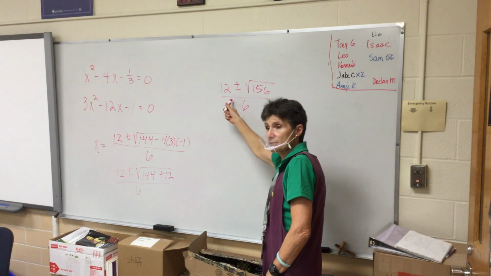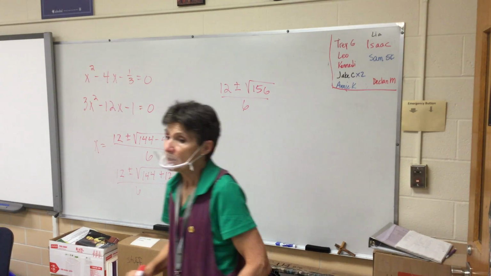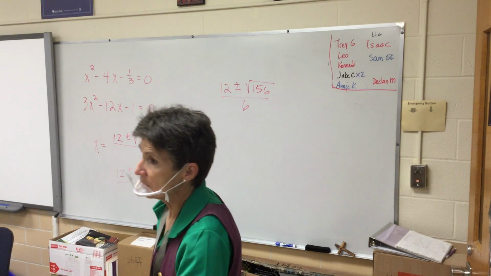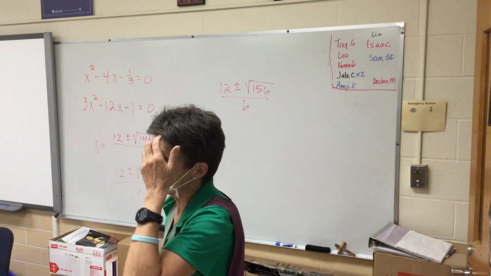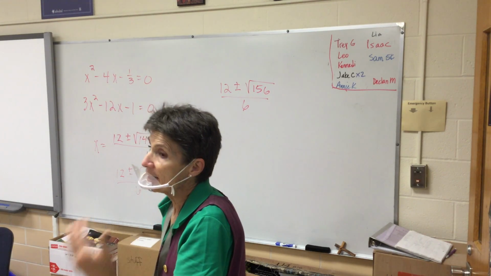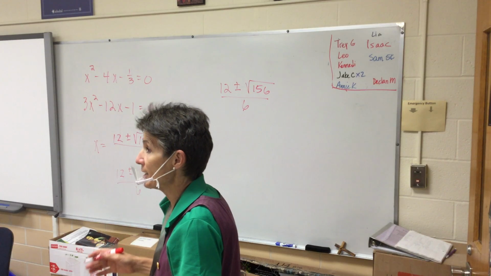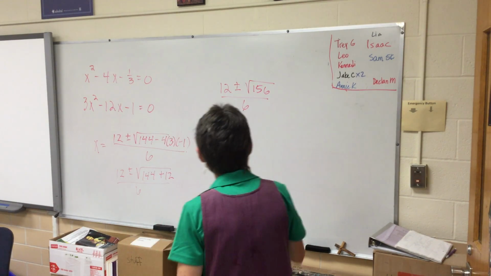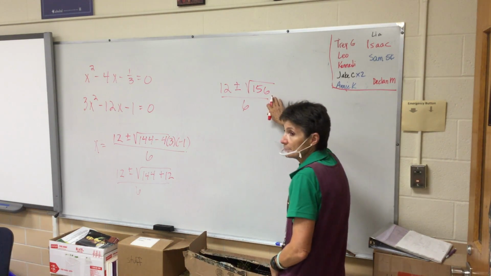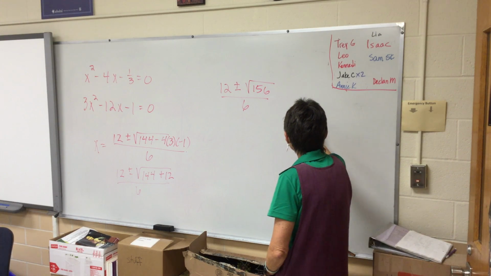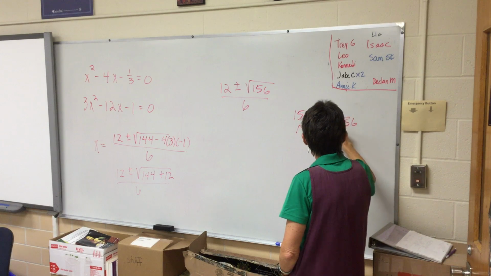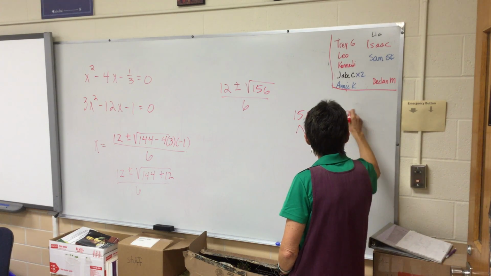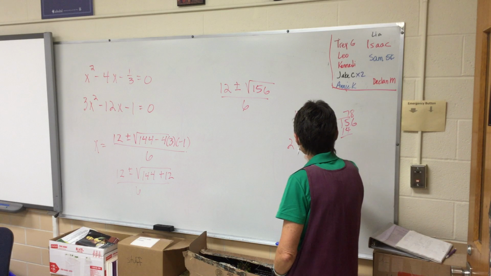Now, can I cancel the 6 and the 12? No. Don't ever cancel unless you can do all 3 spots. Now, what do I need to at least try to do? I need to try to break this down. So 156 breaks down. I always just start with 2, but you don't have to.